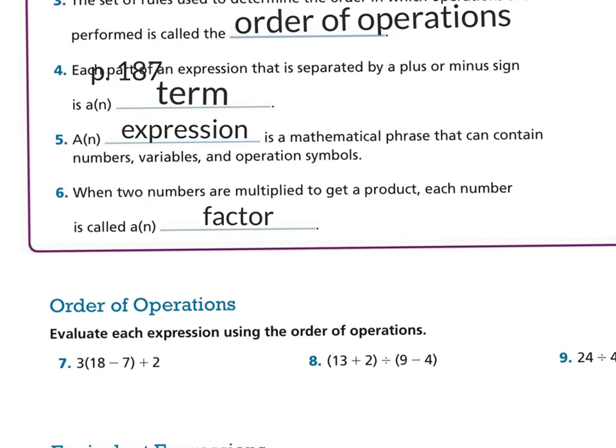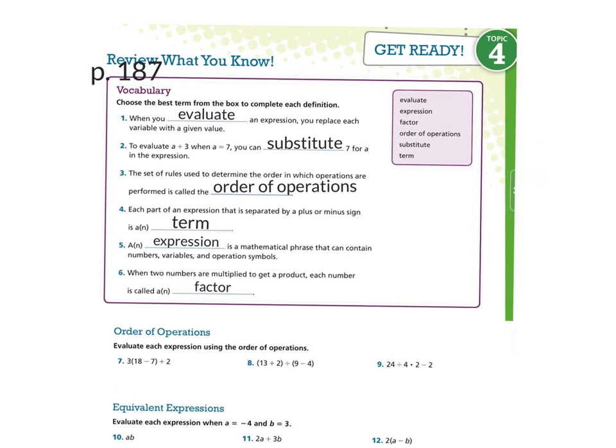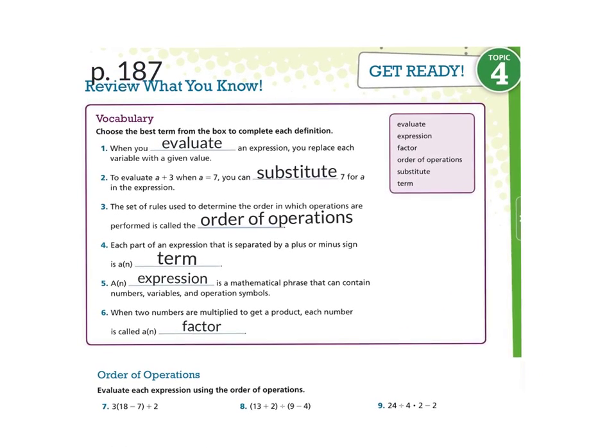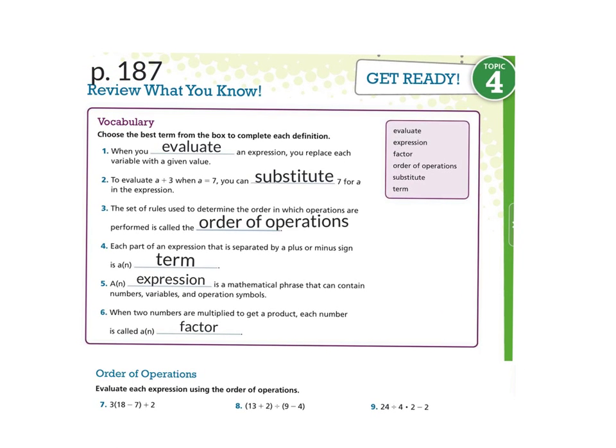These definitions are important, even though we don't always take a definition test when we do a math test. It's important that we know what these words mean because, for example, if the directions say evaluate this expression and you don't know what evaluate means, then you're not going to know what to do.